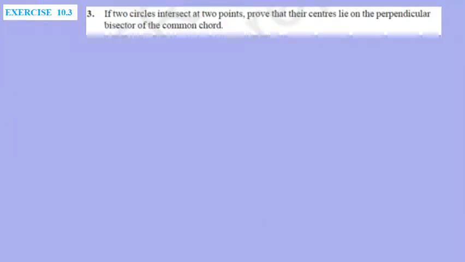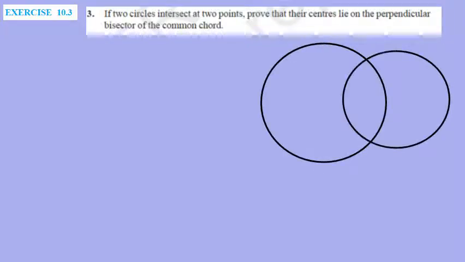Question number 3. If two circles intersect at 2 points, prove that their centers lie on the perpendicular bisector of the common chord. So let us see two circles, one with center O and another with center O dash. They are meeting at 2 points A and B, AB is the common chord and M is the meeting point.